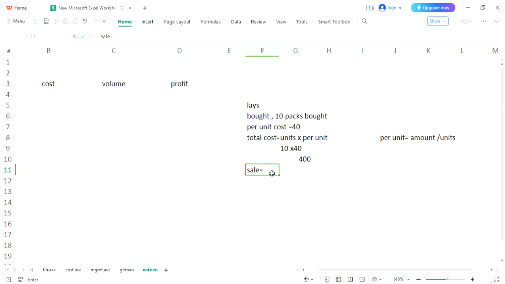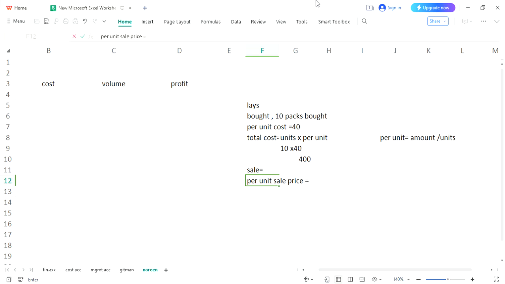So price will be fixed, which would be above and over cost. Now the cost of each packet was 40. Let's say you have decided to sell them for 50 rupees. So here again, per unit sale price, you have decided it should be 50 rupees.